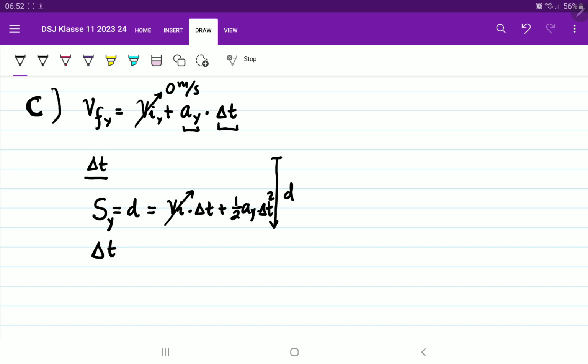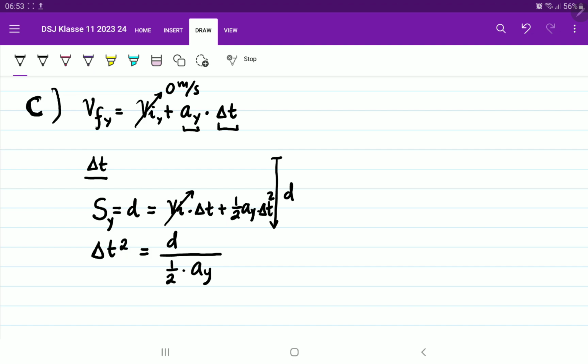The delta t squared equals the distance between the two plates divided by 1/2 acceleration.